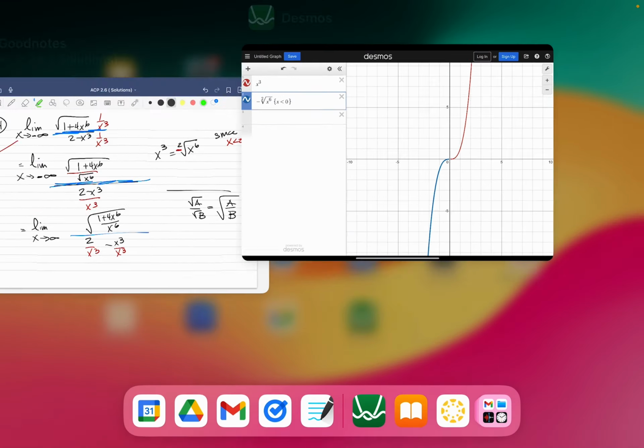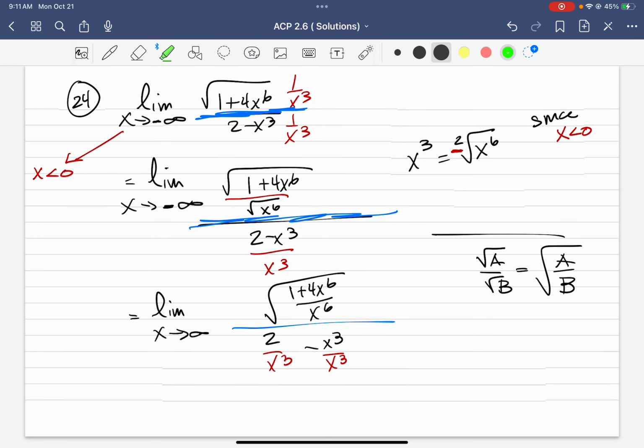So we really need that negative because they don't undo each other nicely over there. And again, it has to do with a subtle absolute value reason. Okay, so that means anytime you see x cubed, you can replace it with negative the square root of x to the 6th.